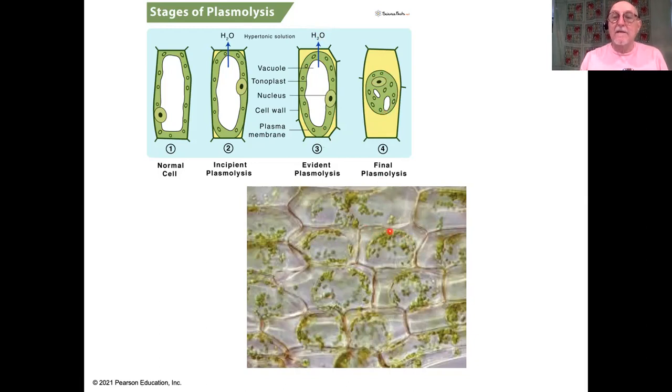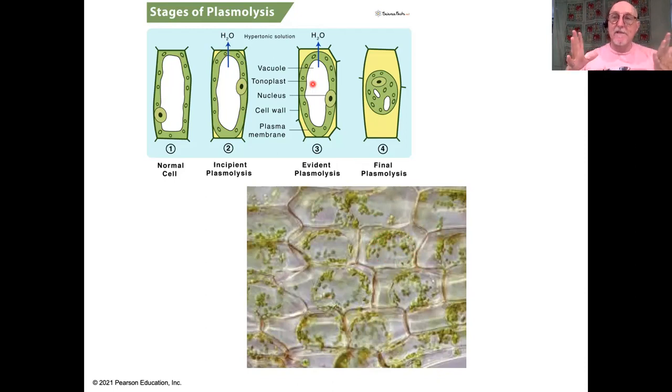Look at this here, and you can see it. Here's the cell wall, and here's the cell itself. It's forming a ball in the middle. You can see its distribution because you can see the chloroplasts in the cytoplasm, and you can see where the cell membrane is around the outside. It's forming a ball because the volume of the central vacuole has decreased so much.